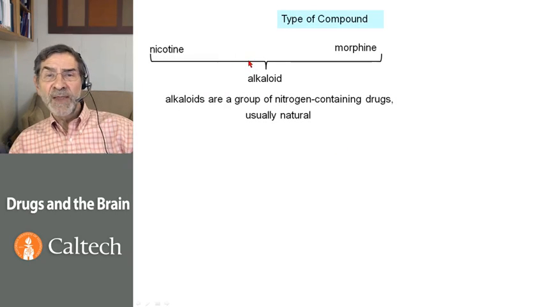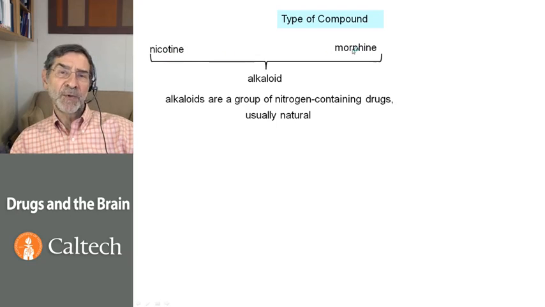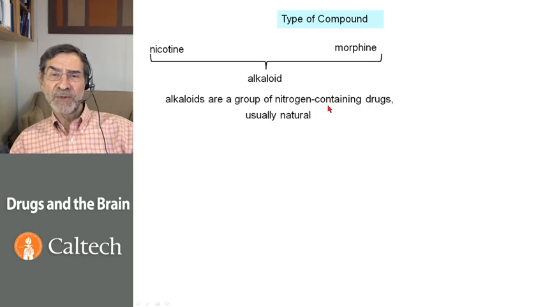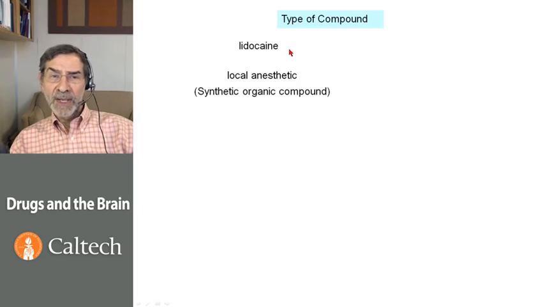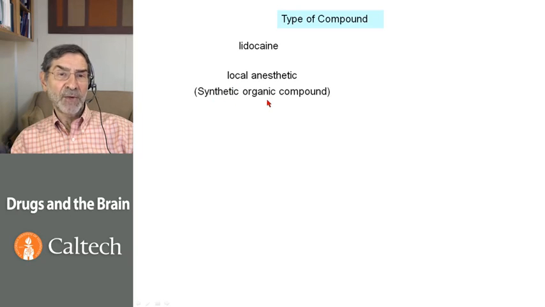In terms of types of compound, we often refer to nicotine and morphine by the somewhat old-fashioned term alkaloids. Alkaloids are a group of nitrogen-containing compounds, typically from plants or fungi, usually natural sources. And mostly alkaloids are drugs. Lidocaine, even though it has a nitrogen in it, is more properly called a local anesthetic, and it's a synthetic organic compound.